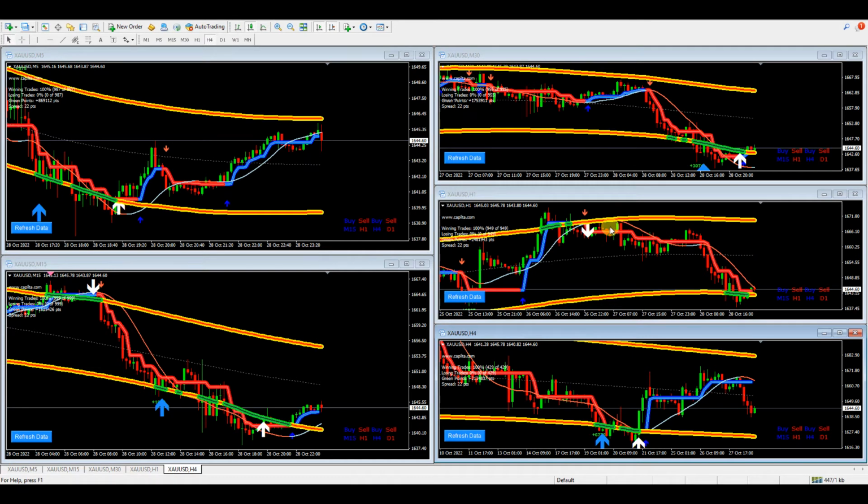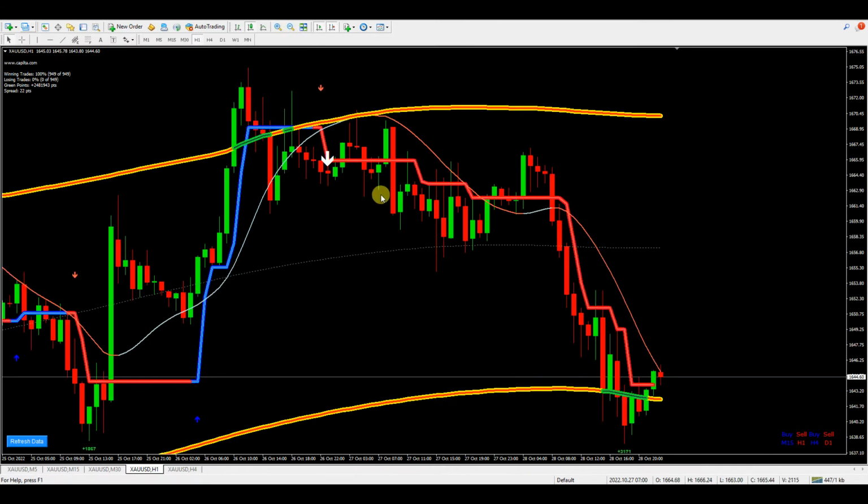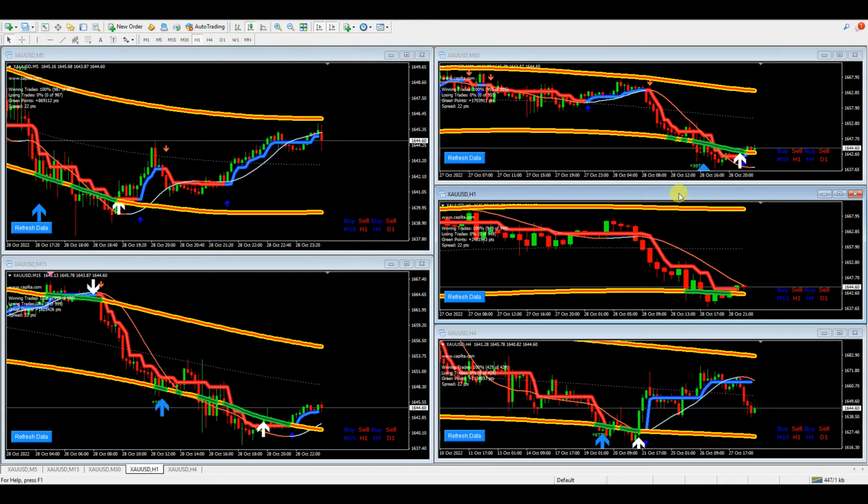So how the strategy works: for example, let's open this chart and say we get a sell in this area. We have to wait for M30, or a smaller time frame, to go into buy, and then when there is a pullback for sell, we will open a trade.